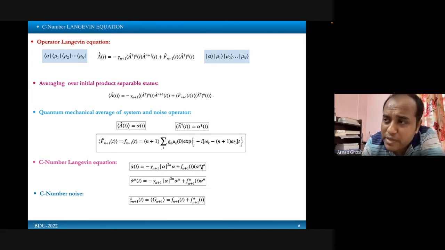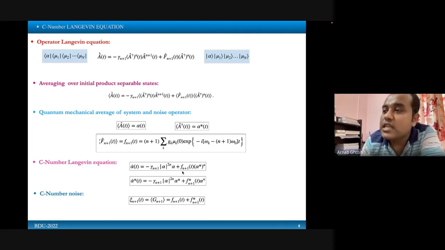So you can implement all the non-equilibrium statistical mechanical techniques and calculate starting from this set of C number Langevin equations. And I am going to show that from these starting equations, after proper substitutions, one can obtain the desired form of the Van der Pol and the Rayleigh oscillators.